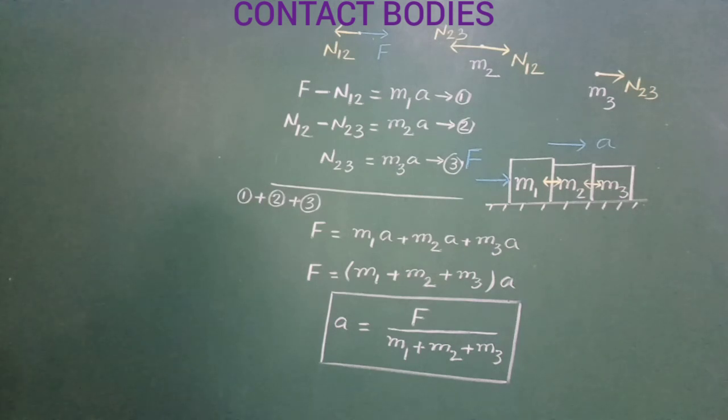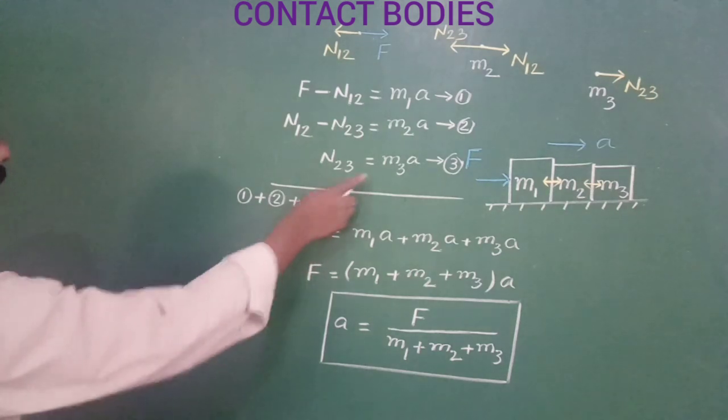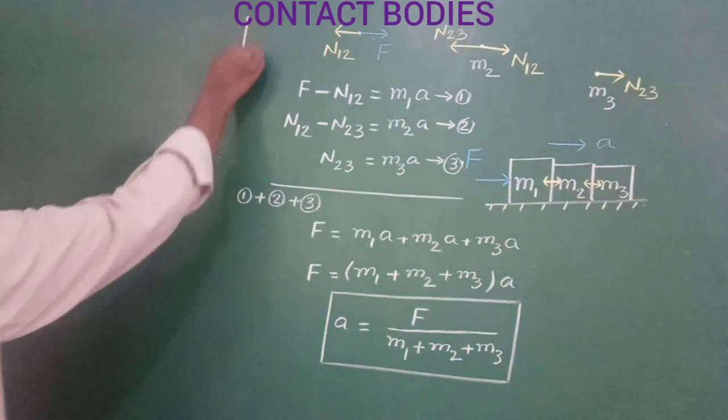Now we calculate normal reaction between block 1 and 2, and 2 and 3. To calculate it, substitute the A value in equation 3.